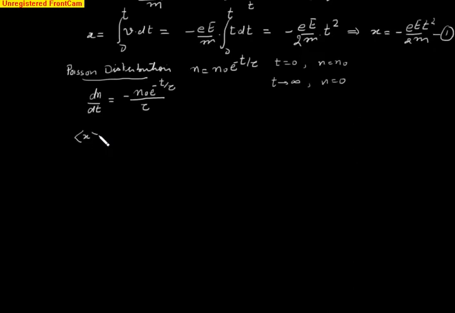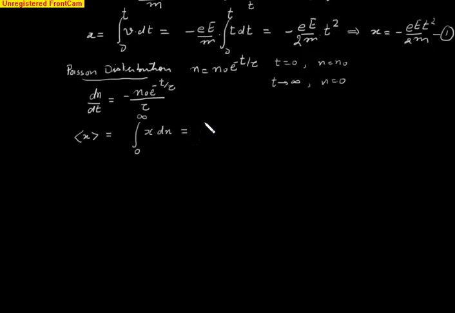That distance may be denoted by x, and it is given by the distance traveled by one electron multiplied by total number of electrons which are now moving under the effect of electric field, and integrating from 0, because initially no electron was moving under the effect of electric field, up to infinity, when all the electrons will be moving under the effect of electric field.